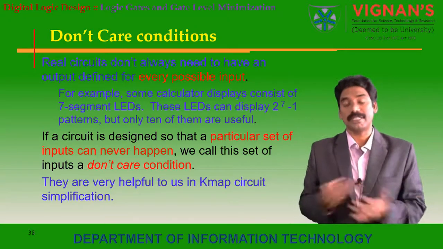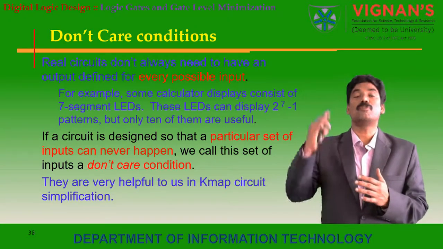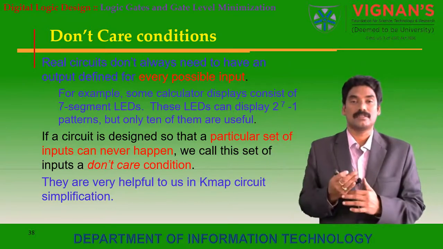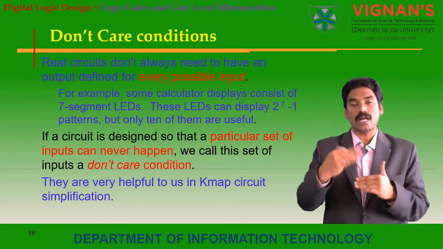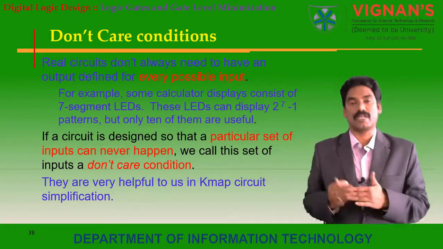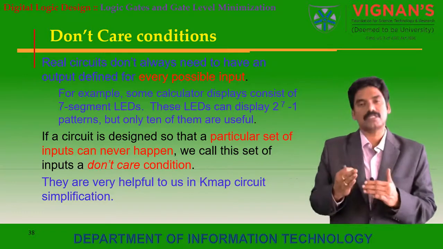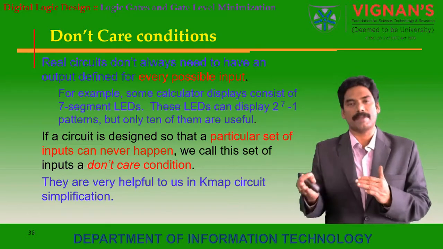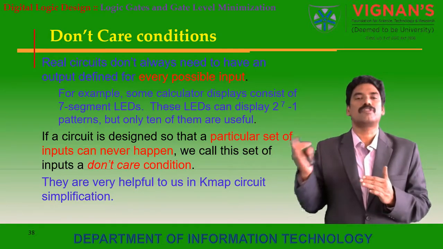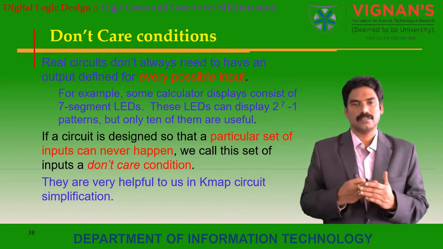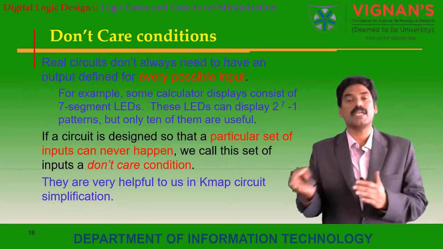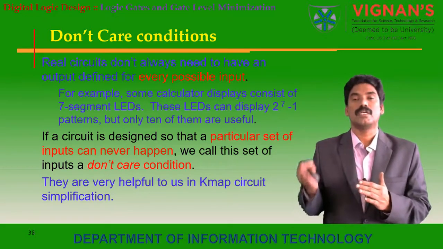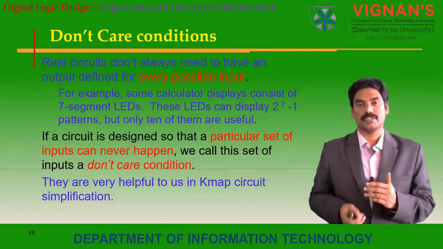The remaining ones are not required. If a circuit is designed so that a particular set of inputs can never happen, we call this set of inputs don't care conditions. And these are very helpful for us in K-map circuit simplification.